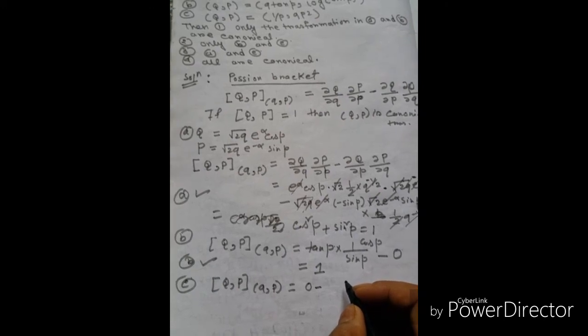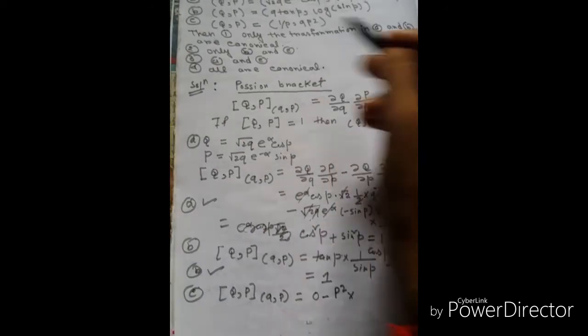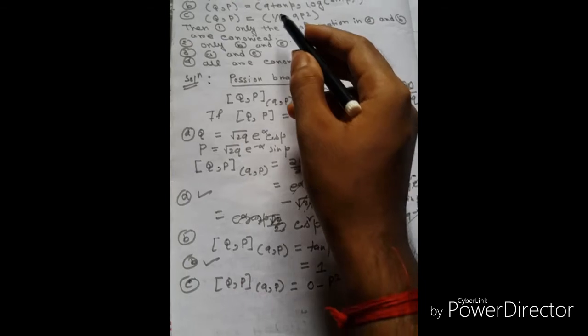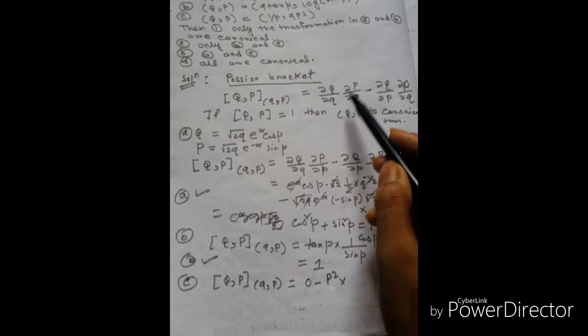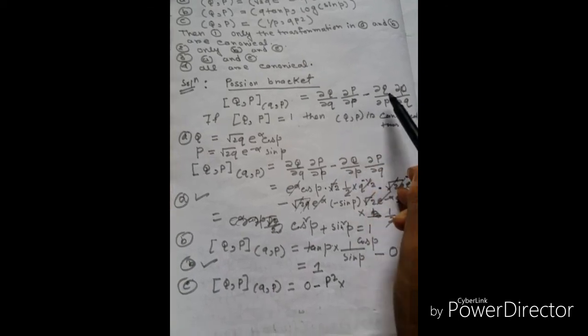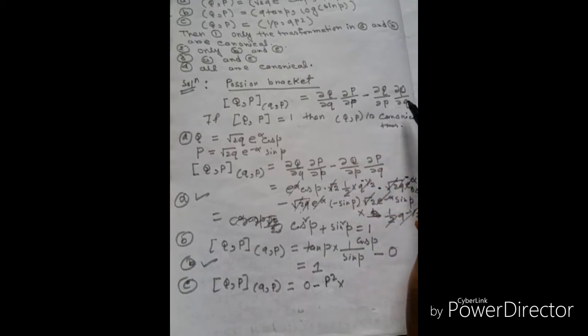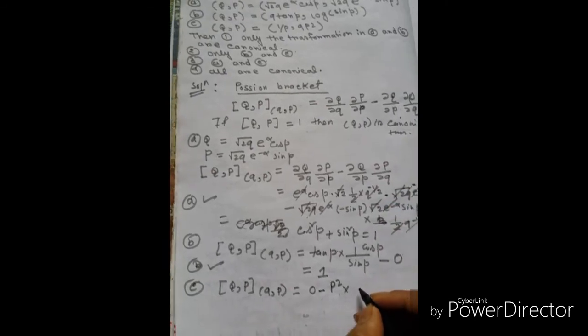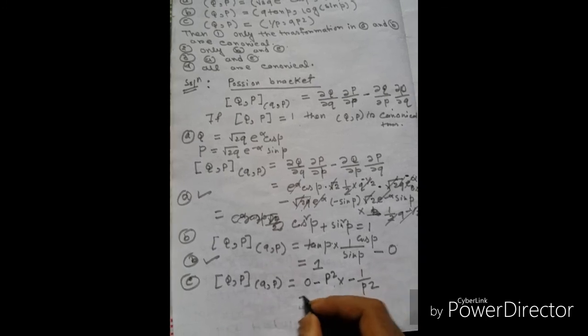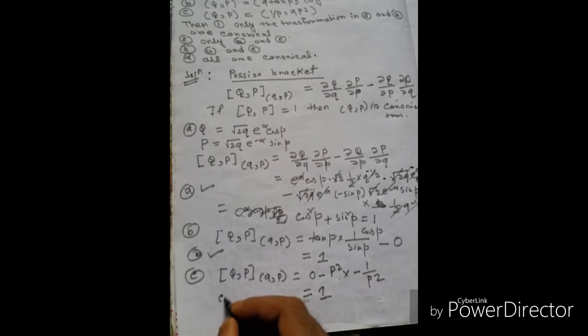Now next, del Q del p: what is del Q del p? Here P is q p square, so del P del q is p square, and del Q del p is 1 by p, and differentiation gives minus 1 by p square, so this is also 1, right? So C is also canonical.